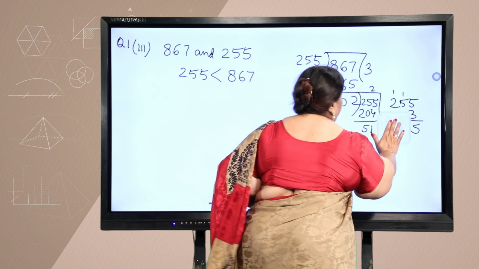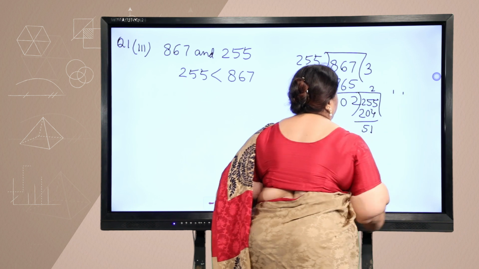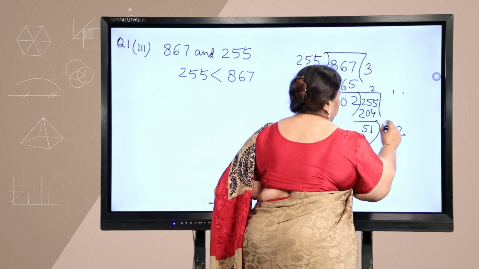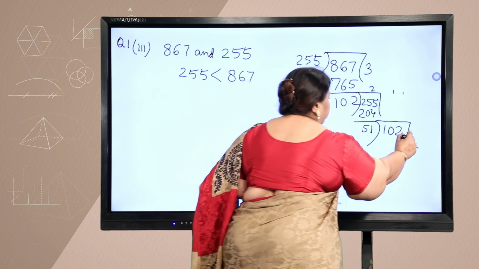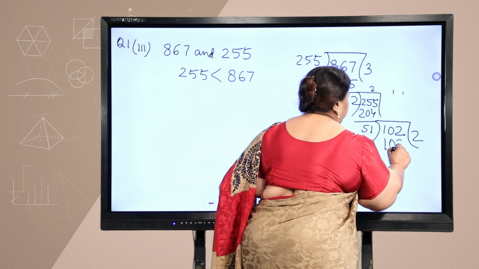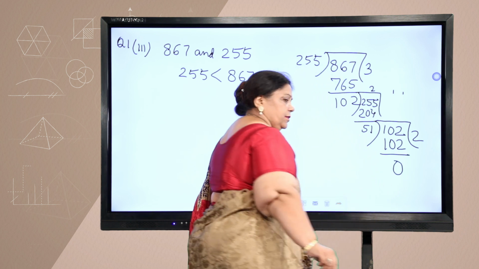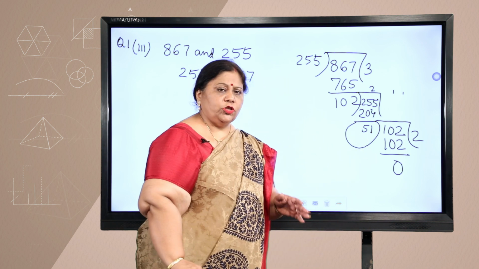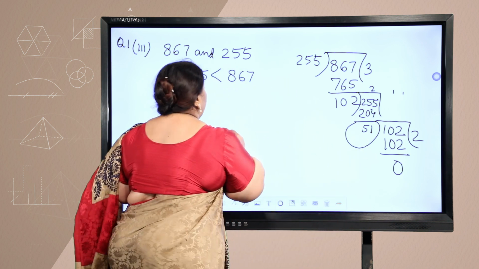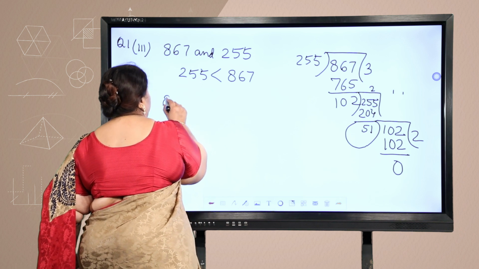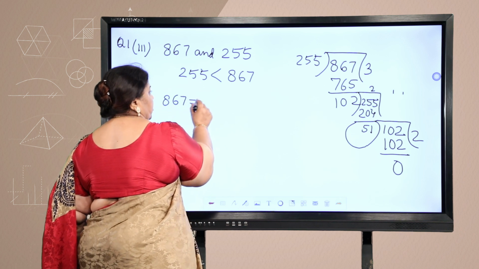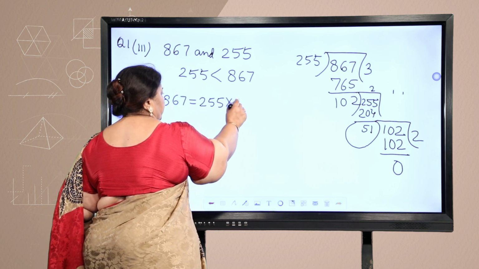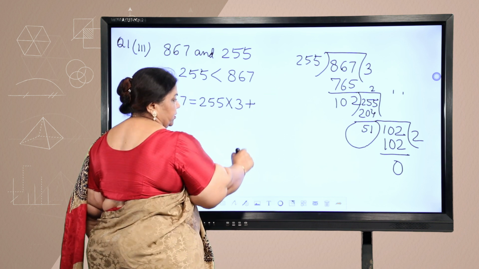We have 51, and again we will take up 102 because the remainder is not 0, and I think yes, now we get 102 and the remainder is 0. So, the divisor at this step will be the highest common factor. How do we write it down? 867 is equal to divisor into quotient plus remainder.